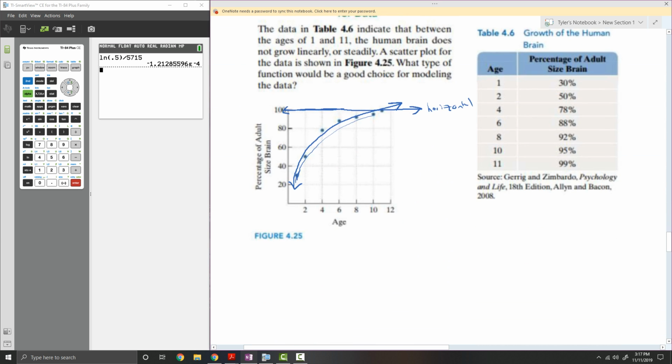So what we're trying to find is what type of function would be a good choice for modeling the data. Since we're increasing rapidly and then it begins to level off, we would say that logarithmic would be a good choice for this example.